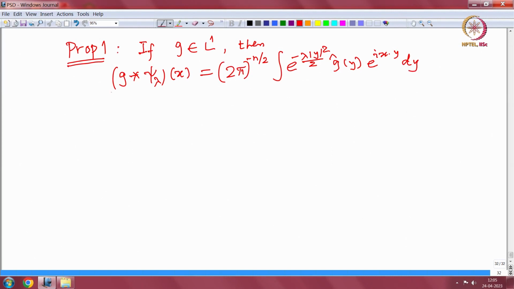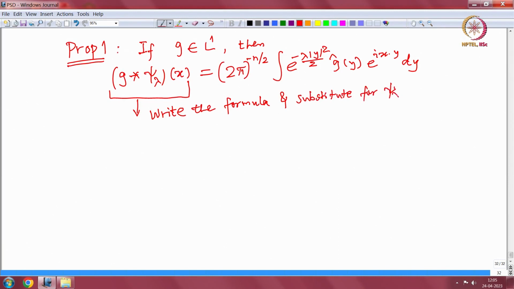You have to write the formula for the convolution and substitute for psi lambda. So that is another integral. Substitute for psi lambda and then use Fubini and interchange the integrals.